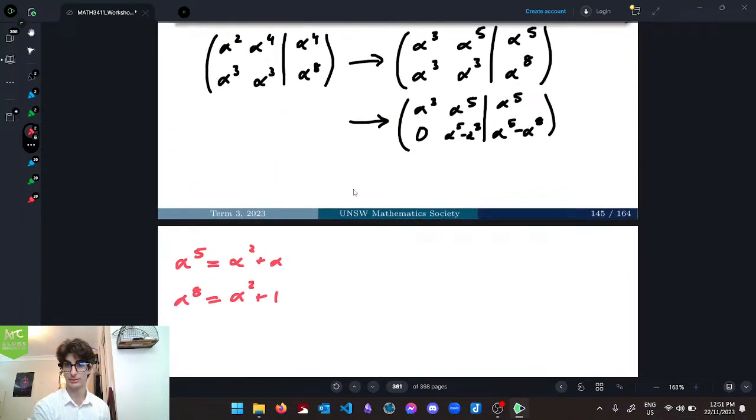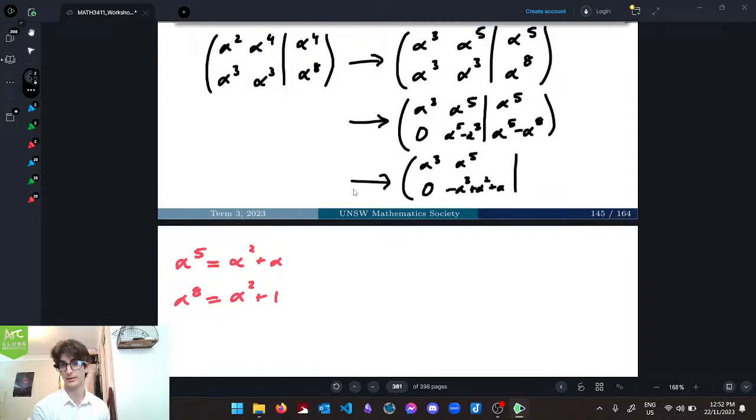And so when we do alpha to the 5 minus alpha to the 3, we're going to get alpha cubed, alpha to the 5, 0, alpha to the 5 minus alpha to the 3 minus alpha to the 3 plus alpha squared plus alpha.